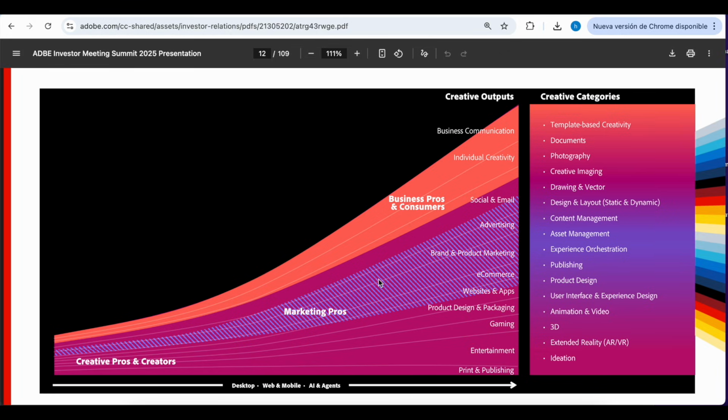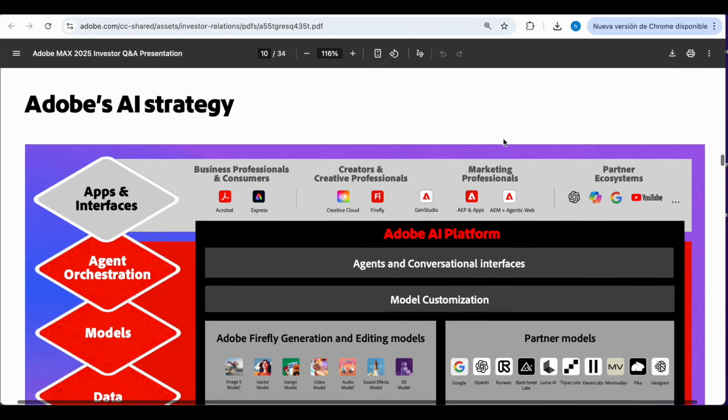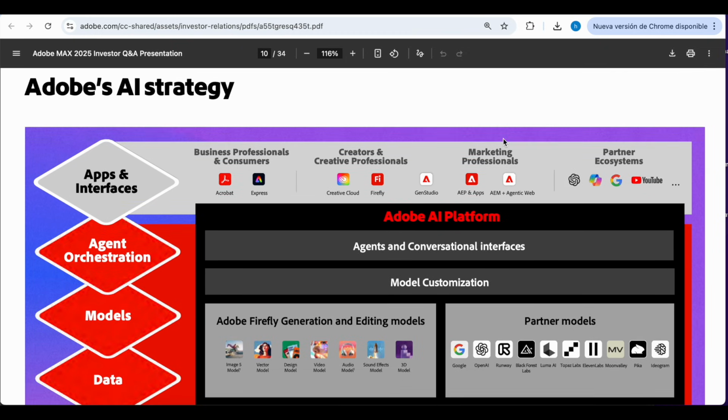And this is very important in order to answer the question, will AI take over Adobe? Because for a low-end user or customer, this might be the case. If AI gets good enough, you might be able to use cheaper alternatives. For example, if you're a YouTuber that only uses Adobe for thumbnails. But if you're Nike and are spending millions of dollars in ads, you need control and perfection, which is something that generative AI will never offer.